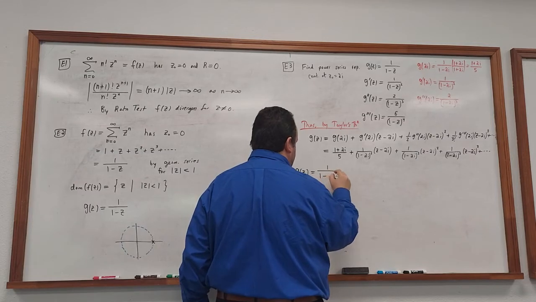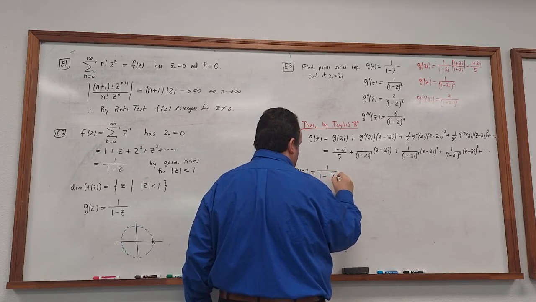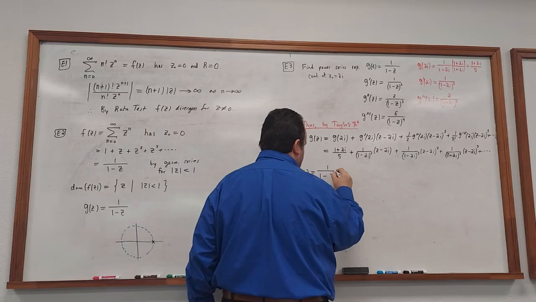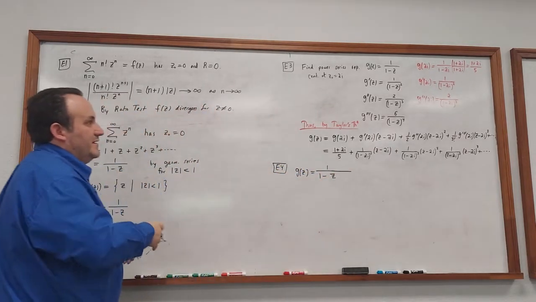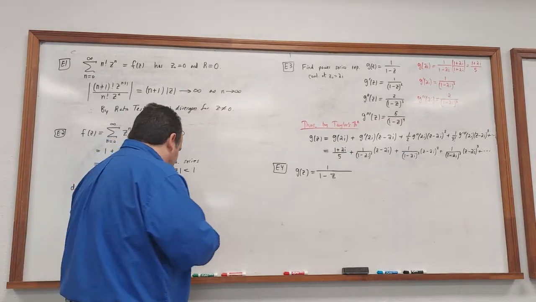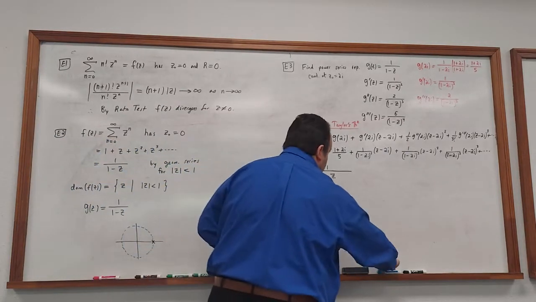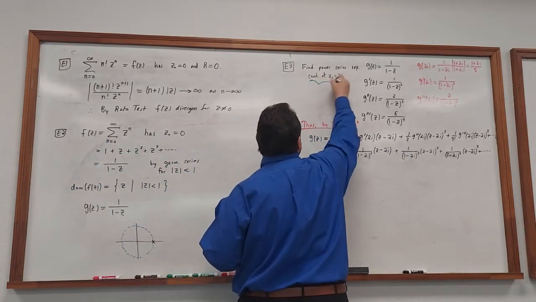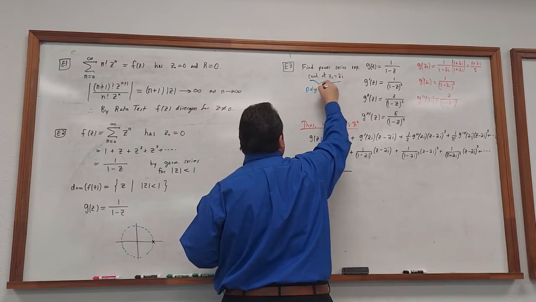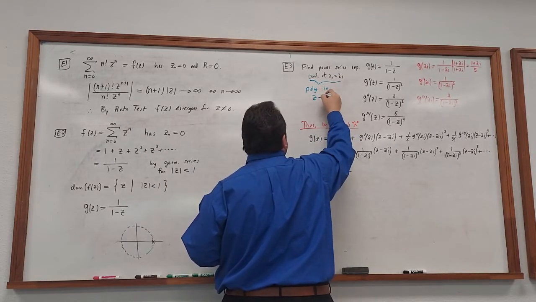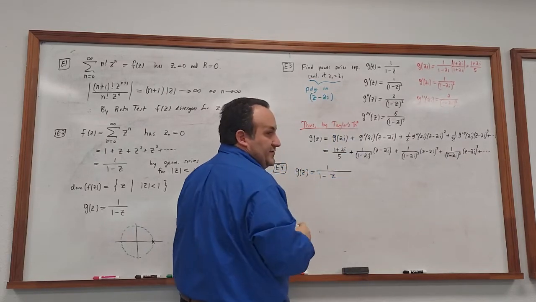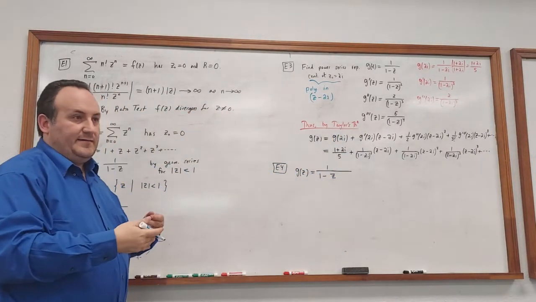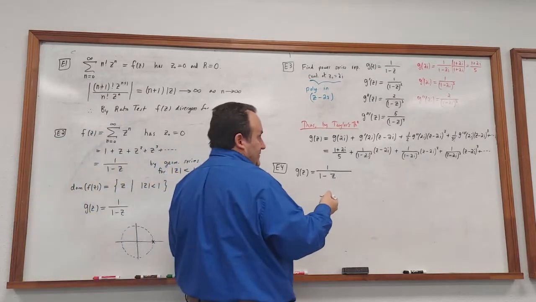So 1 minus z, right? Great, that's the formula. And I want to do what? Centered at 2i means what? That means it's kind of like a polynomial in z minus 2i to powers, right? So I need to create a z minus 2i. So I just do it.